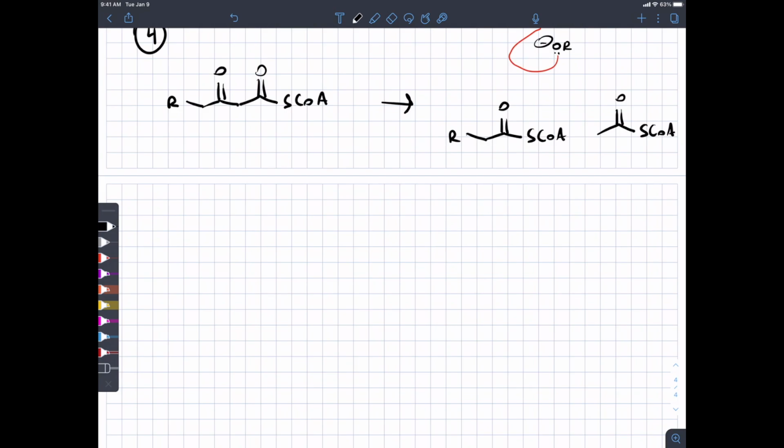So the enzyme is called ketoacyl-CoA thiolase instead of hydratase, because we're going to end up having a thiol attack the beta carbon as part of the retro-Aldol reaction. So how does this work?